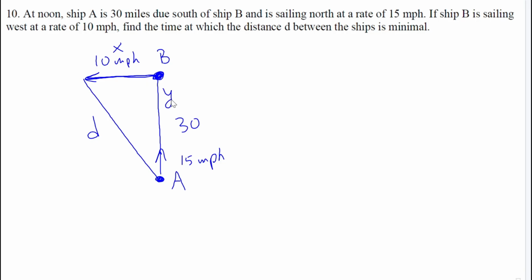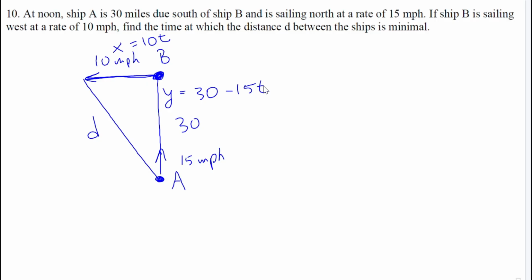And so that distance x is just 10 times however long that ship has been sailing, right? So x is just going to be 10t. And y should be the total of 30 minus the 15t, however long it's been sailing.